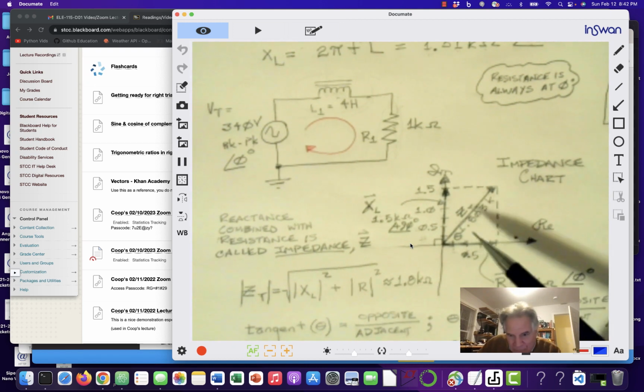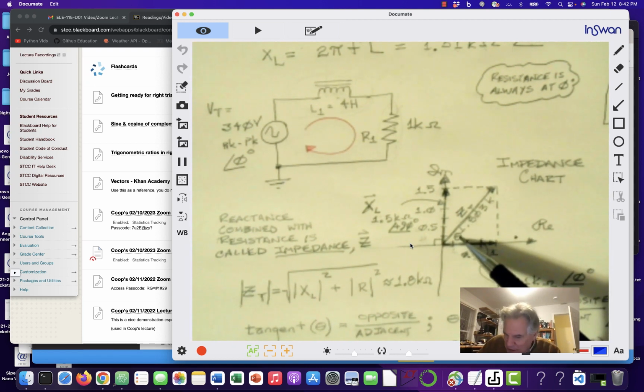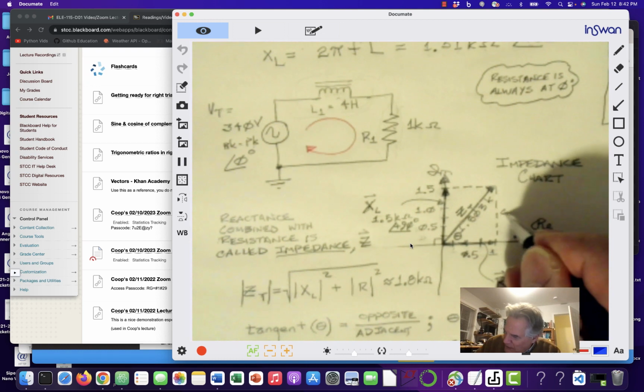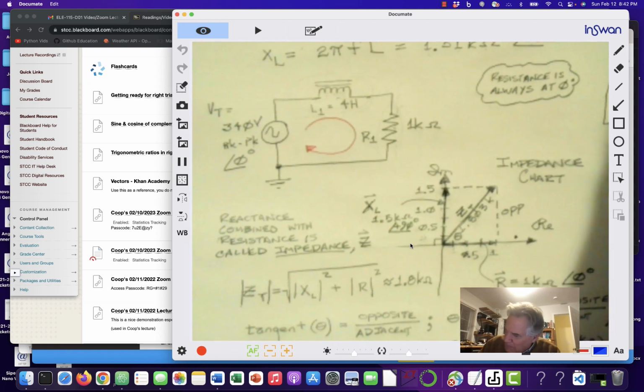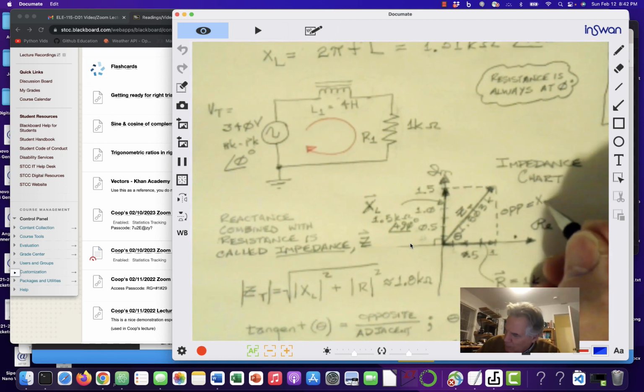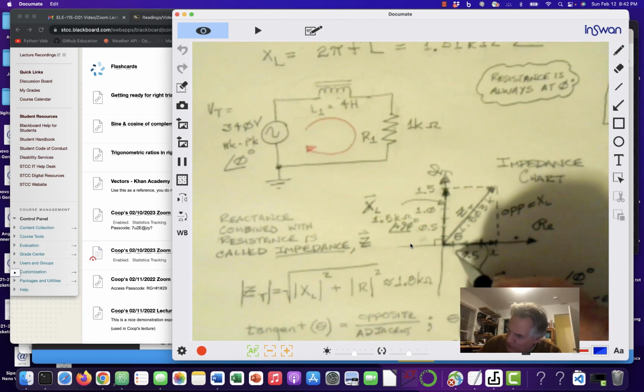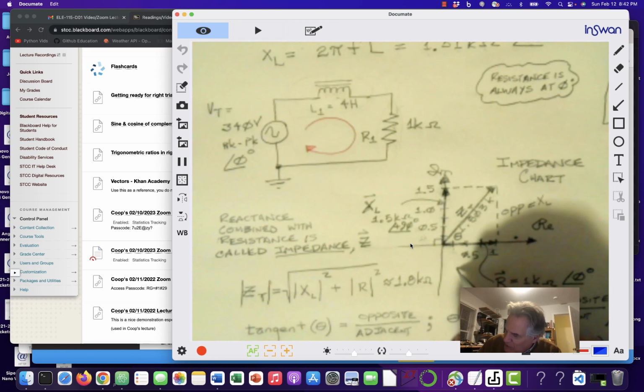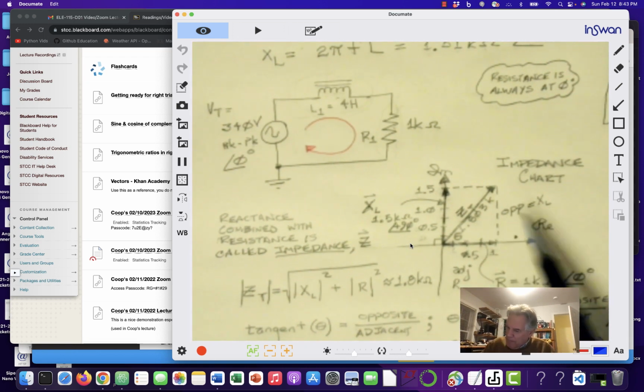Well, see that theta symbol right there? This is the opposite, okay? That's XL. And this is the adjacent down here, which is R, okay?